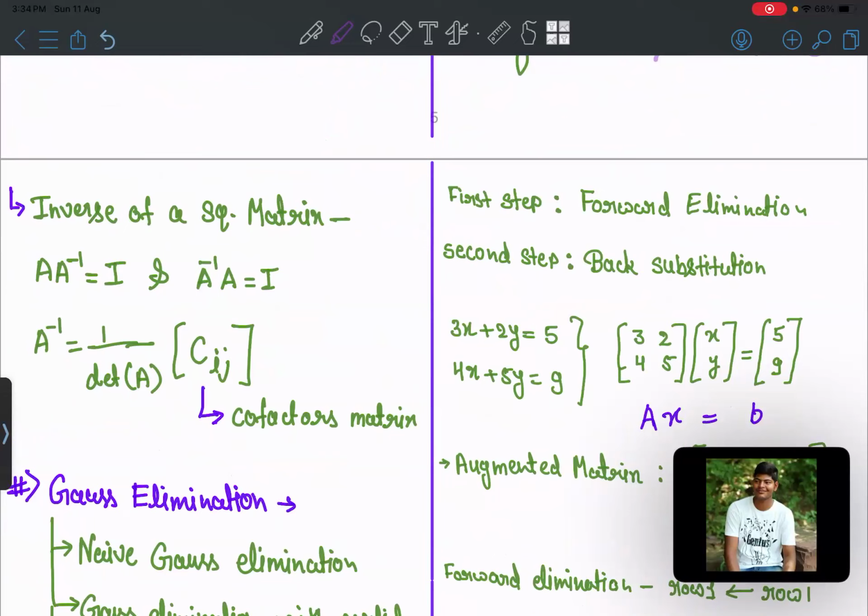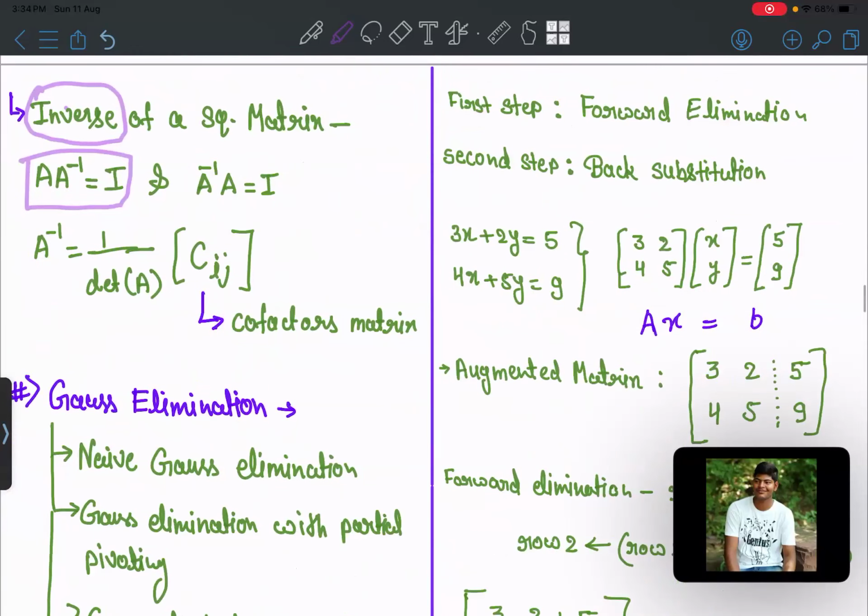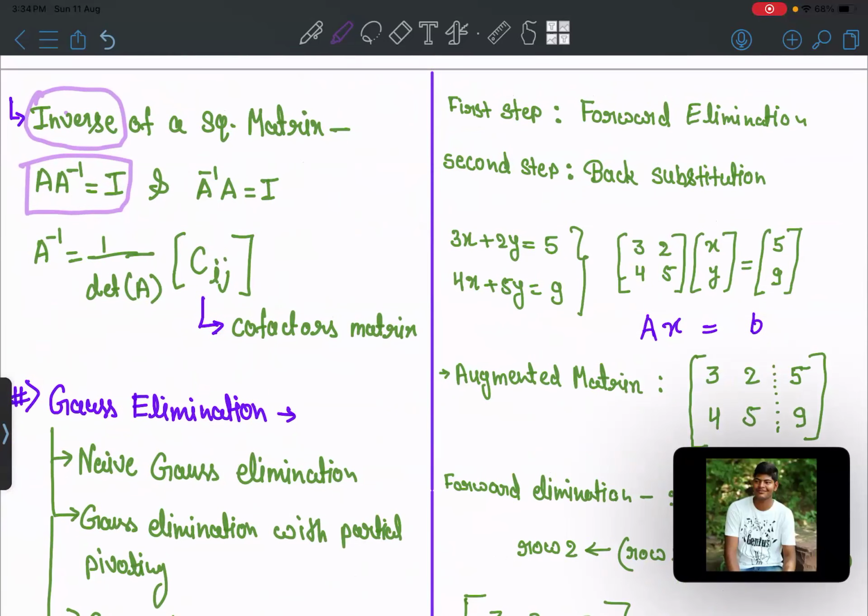If the matrix is non-singular, we can determine its inverse. So for a square matrix that is non-singular, we can find its inverse. How can we find the inverse? Suppose any matrix A is a square matrix and non-singular. Then an inverse matrix exists such that A dot A inverse gives me the identity matrix.